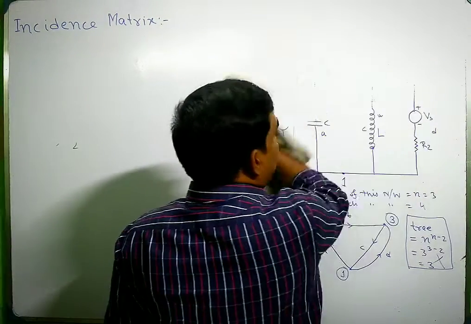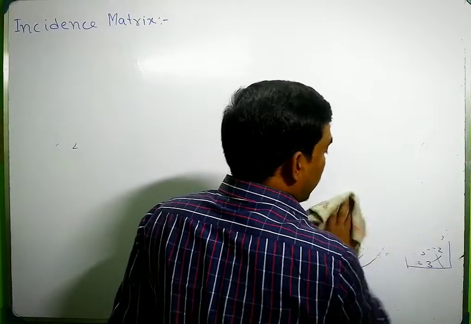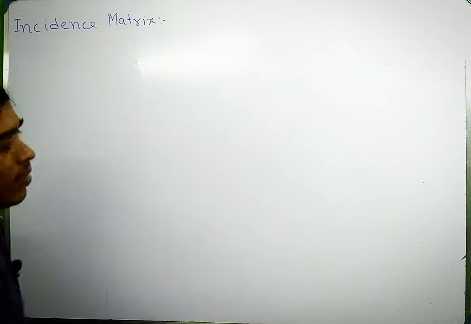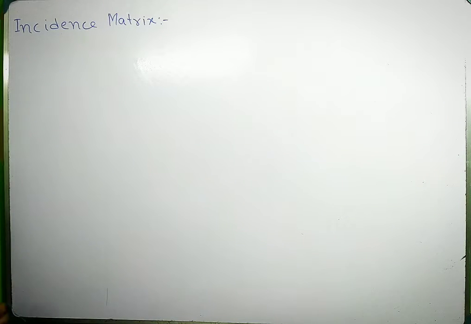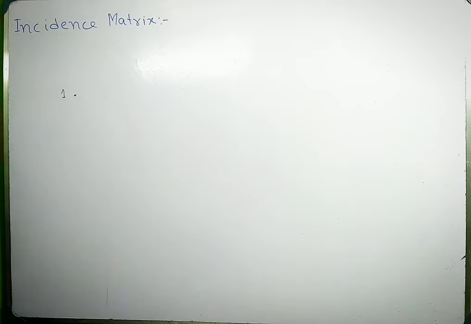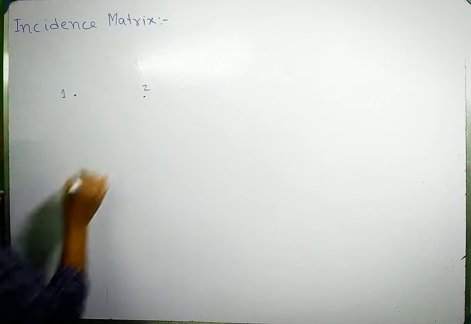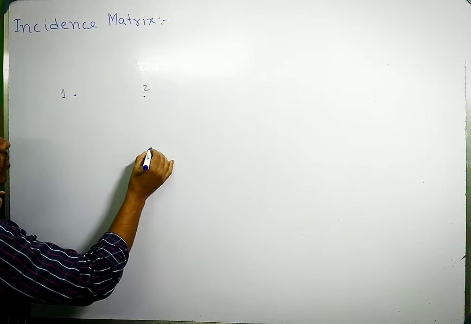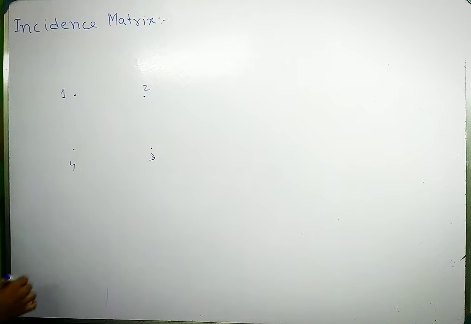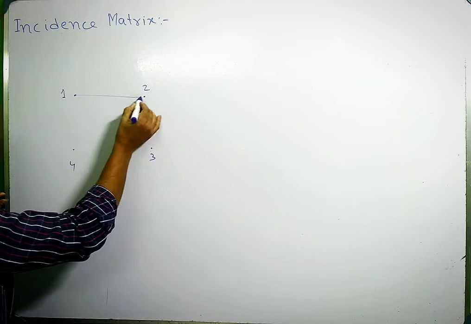Okay, now we will discuss one problem using the incidence matrix. You have to calculate one incidence matrix. Suppose this is node 1, this is node 2, this is node 3, and this is node 4.